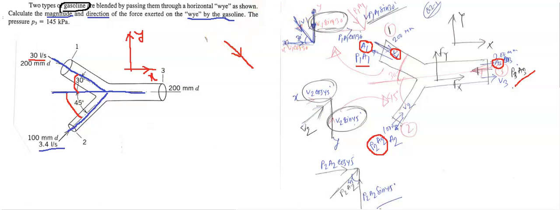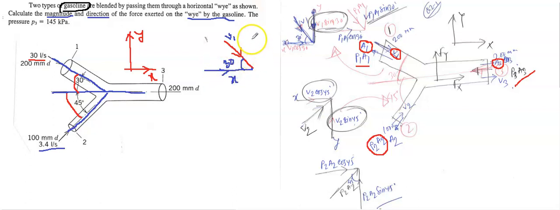Let's say this is the velocity v1. It is coming this way and it creates a 30-degree angle here. So definitely this is the velocity v1, and you see this is the x-axis, isn't it?